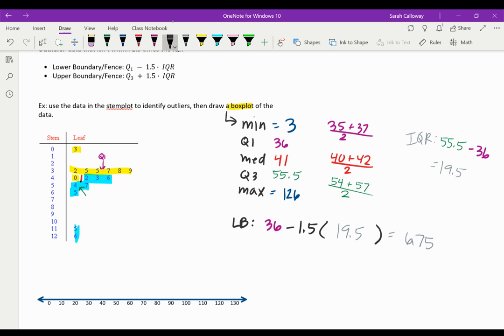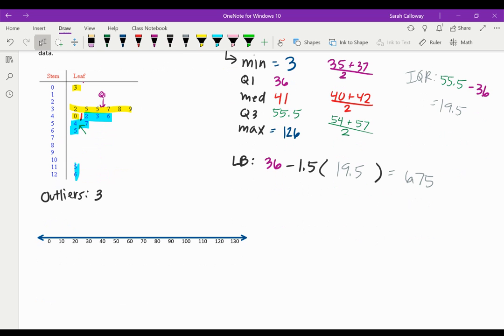So I do have an outlier at 3. 3 is smaller than my lower boundary, so any data smaller than 6.75 is an outlier. I'm going to do the same thing with the upper bound and use that formula.